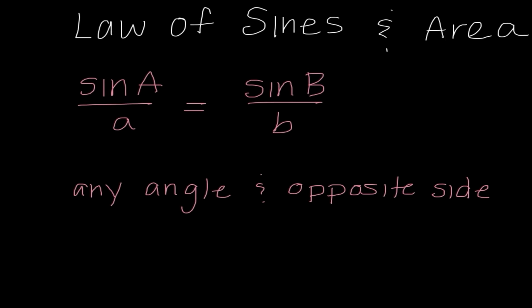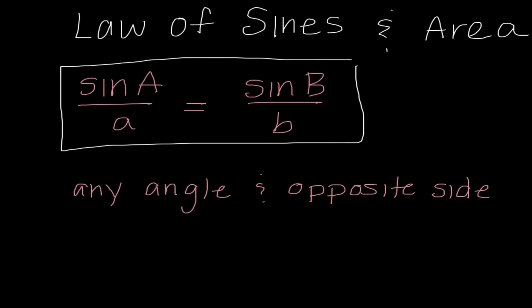So the first thing I want to show you guys is our brand new formula for the day, and I should say this is one of three formulas, but sine of angle A over side A equals sine of angle B over side B. And this is what the law of sines actually is. It is just a ratio of the sine of an angle divided by its side.